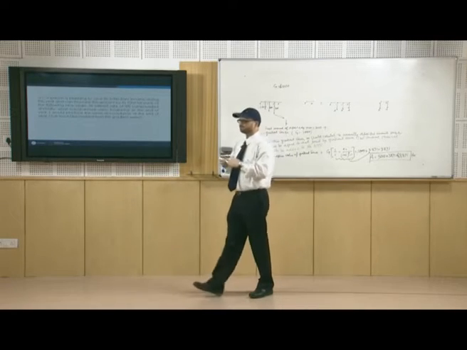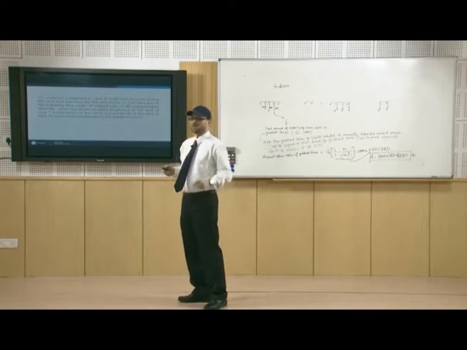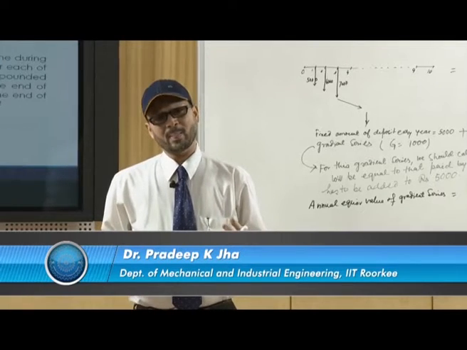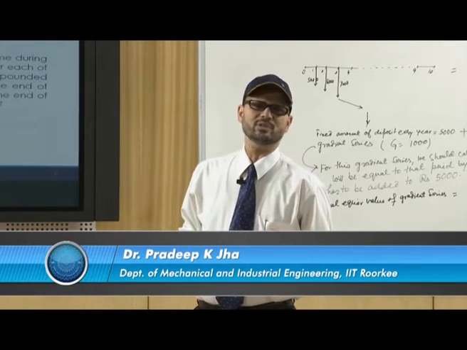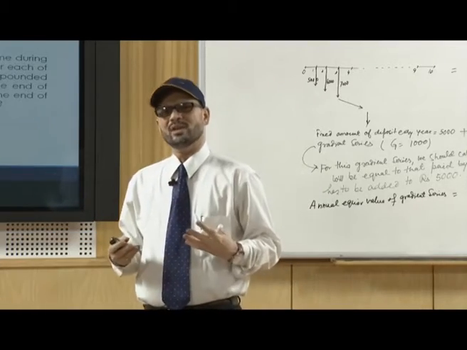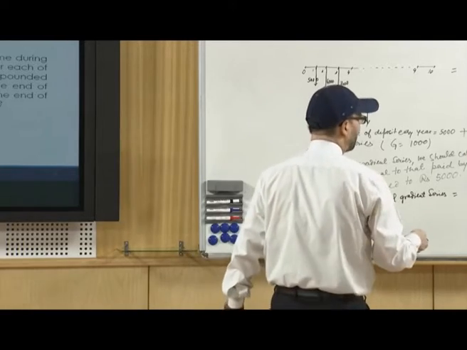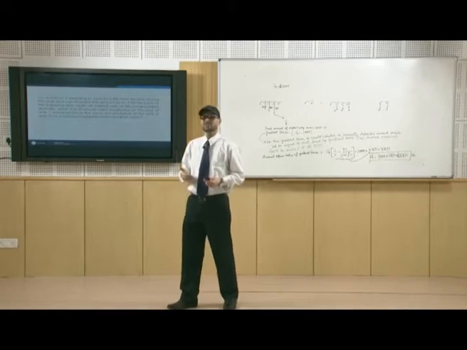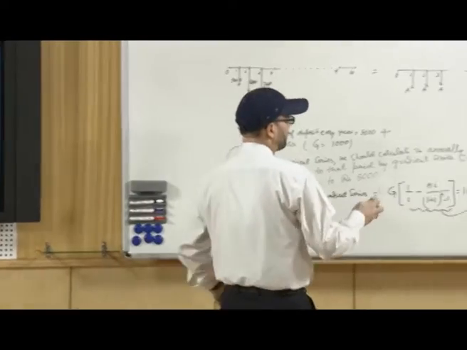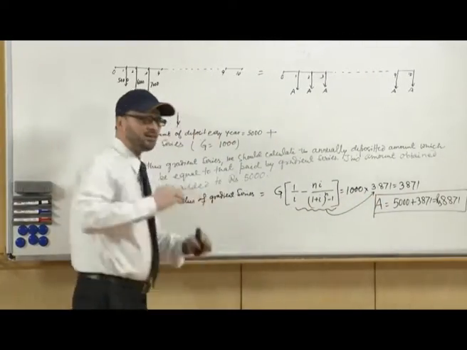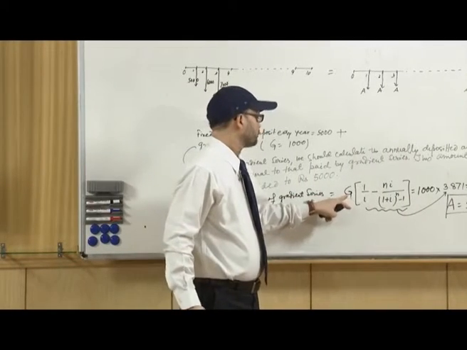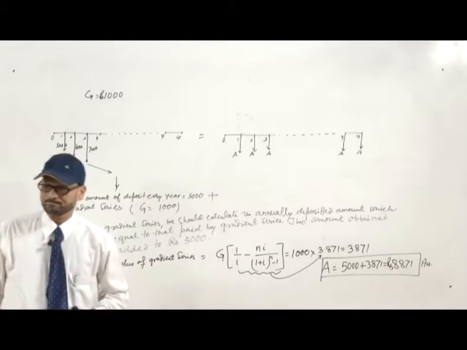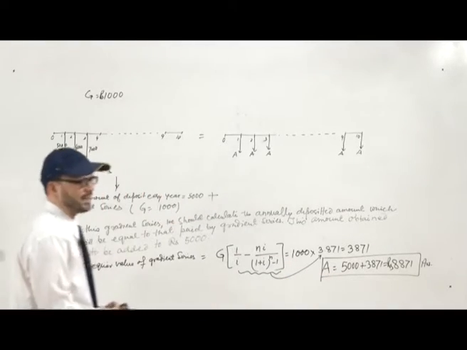So, what we see is, by depositing rupees 5000 during the first year end and further increasing this amount every year by rupees 1000, the same accumulation can be obtained if you deposit every year end an amount of rupees 8871. So, these types of problems can be solved by finding the component of the annual equivalent value using this formula first and either subtracting or adding to the fixed component. So, this is the final answer.